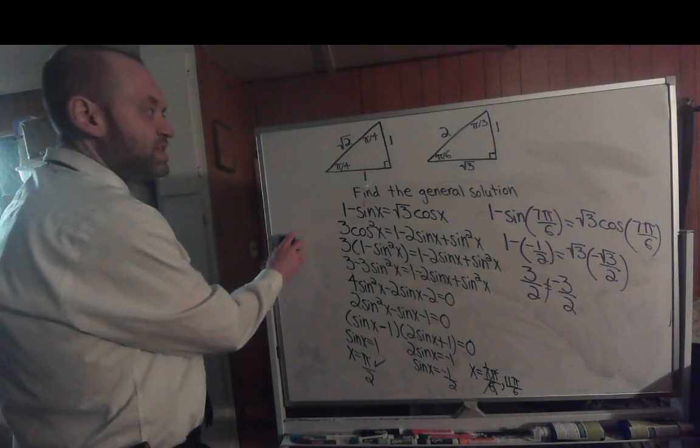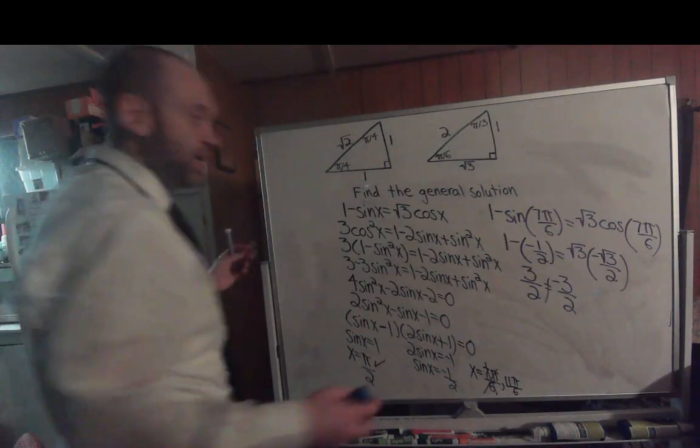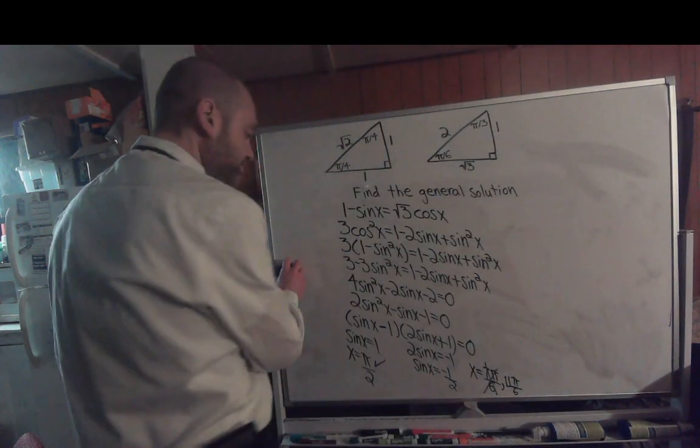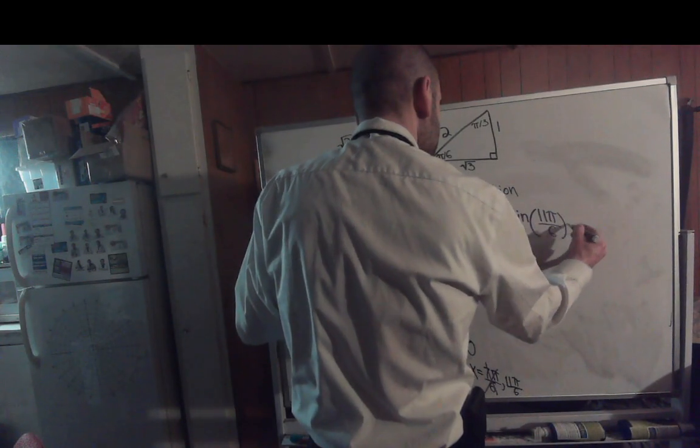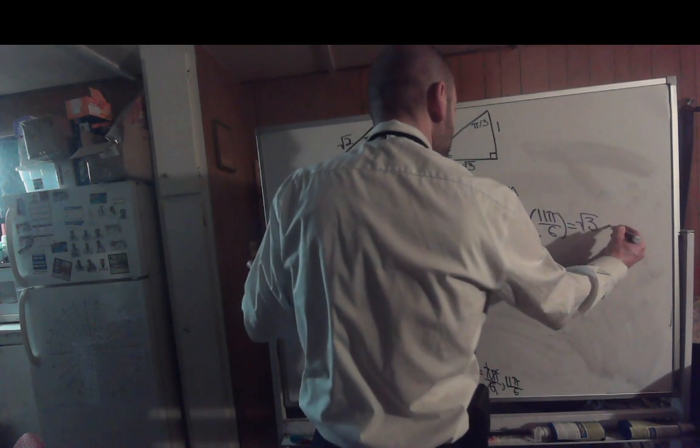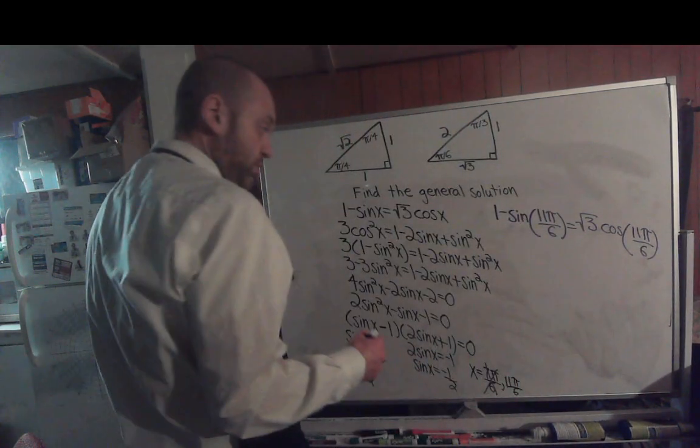But what about 11 pi over 6? Would that hold? Alright, so this time let's take 1 minus the sine of 11 pi over 6, set that equal to the square root of 3 times the cosine of 11 pi over 6.